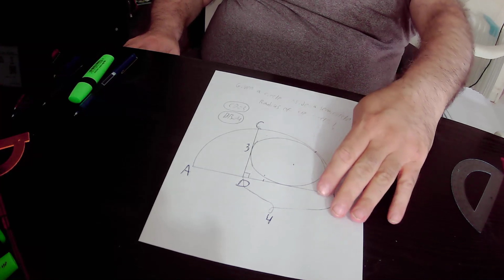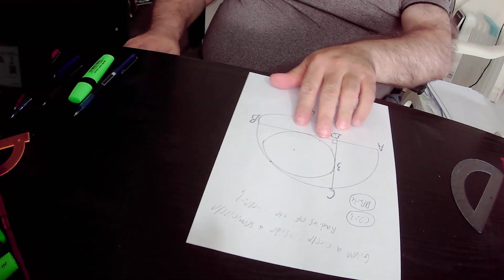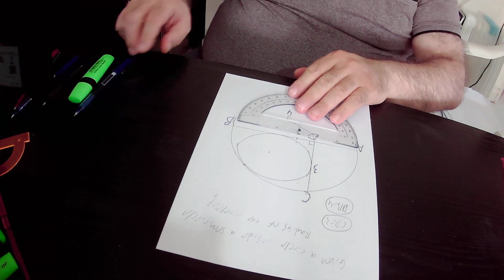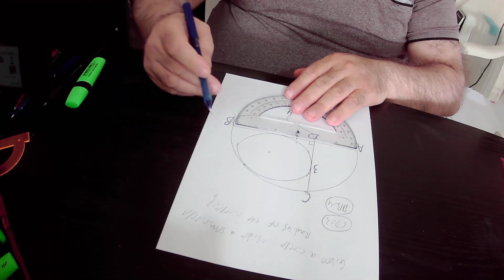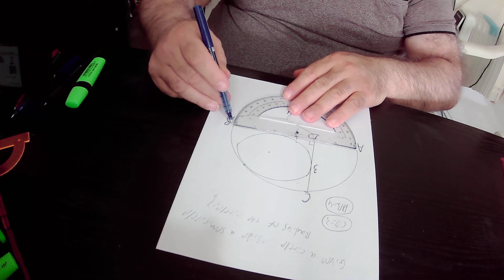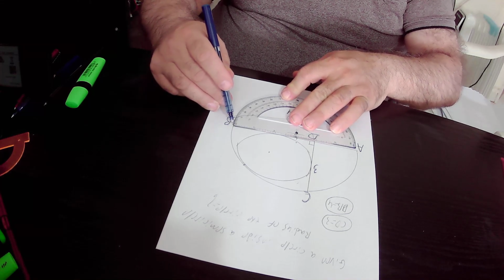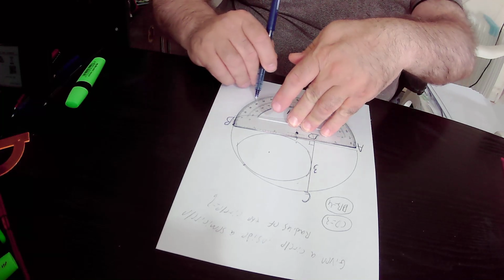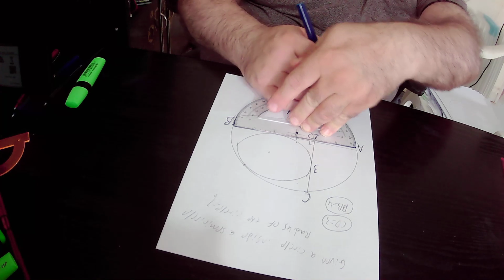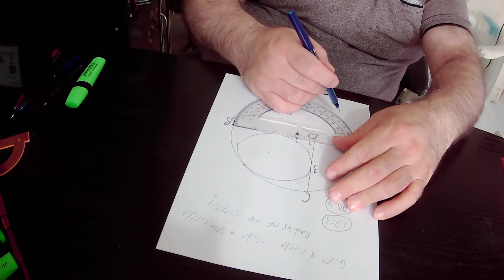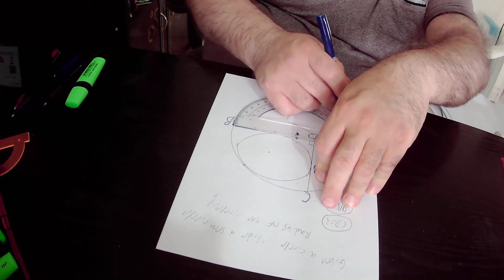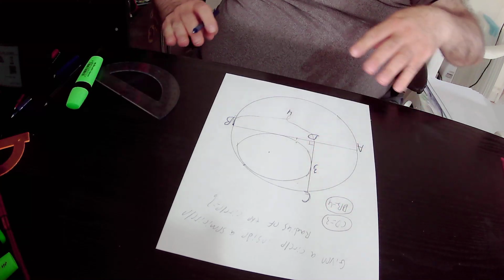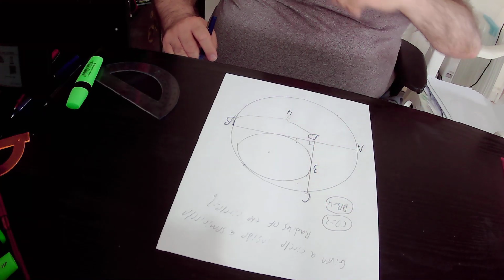So first of all, we'll do a construction. We will complete the semicircle to a circle. So we completed this semicircle to a circle.